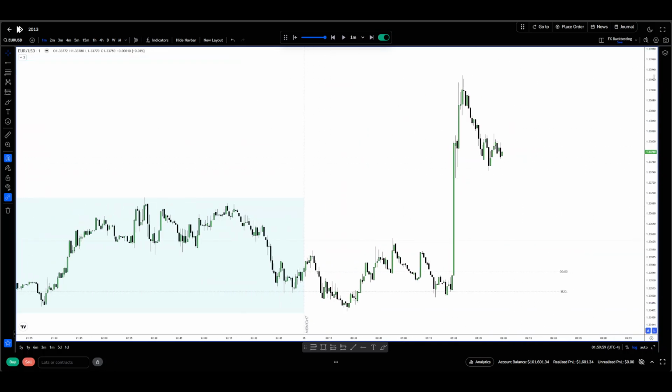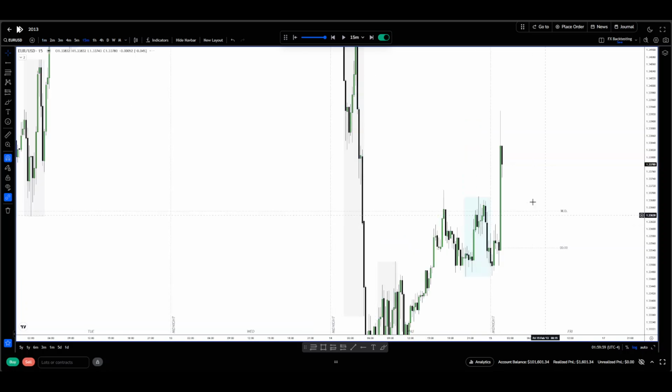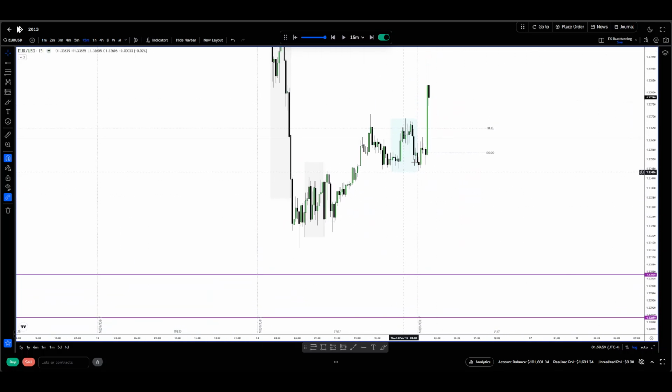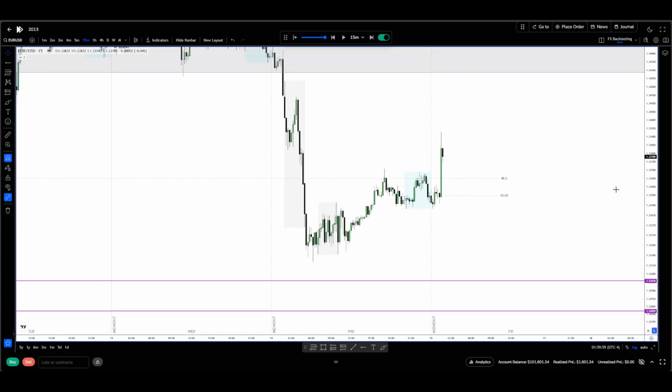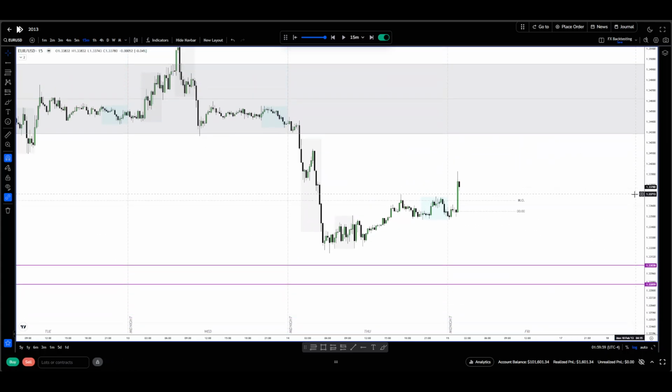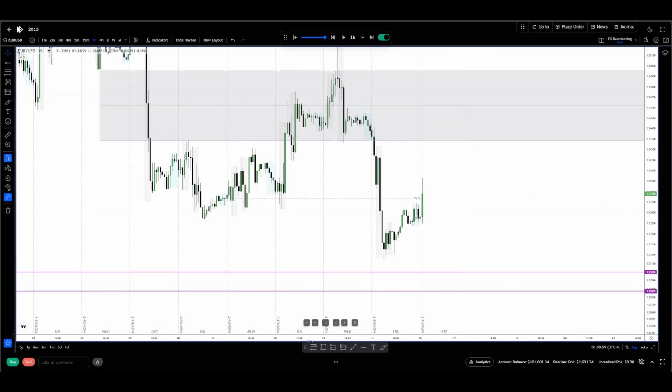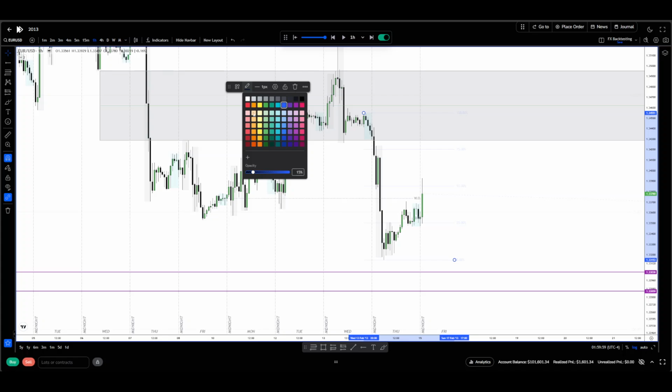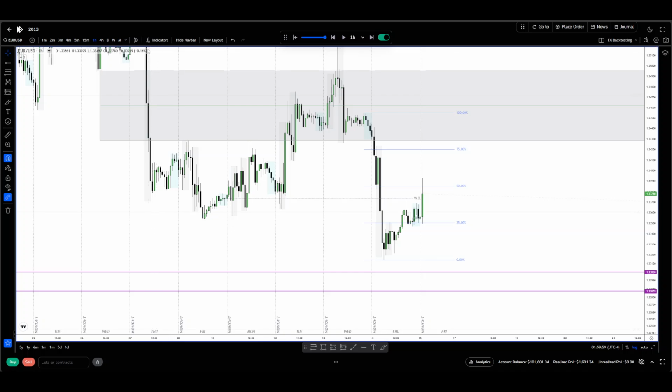So instead of going down, like I thought we would go, price has gone up, which actually makes sense because if we go to the 1 hour, remember this dealing range we are in, right there, we now hit 50%.